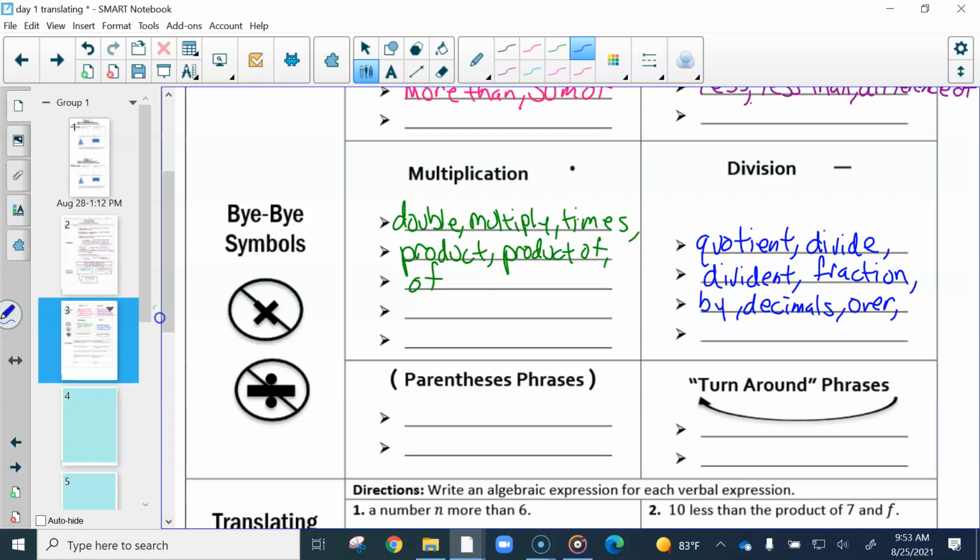We could say half. Half is the easiest. And quotient of.